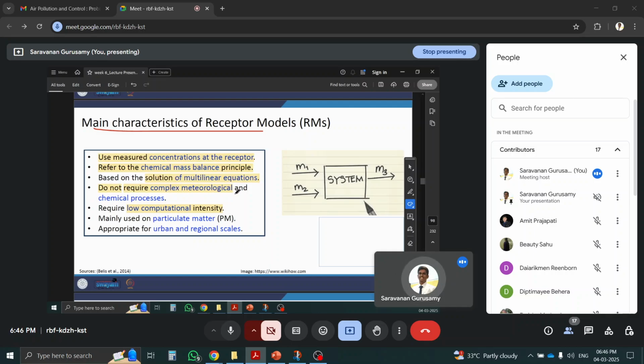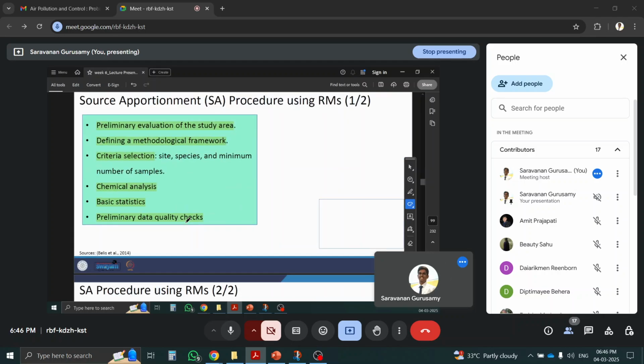They don't require complex meteorological and chemical processes and have low computational requirements, because we are measuring the pollutant level at the receptor point. So we don't need any meteorological data to know how it is getting dispersed. We know how it came here, so we understand how much is there. So no complex meteorological data are required.